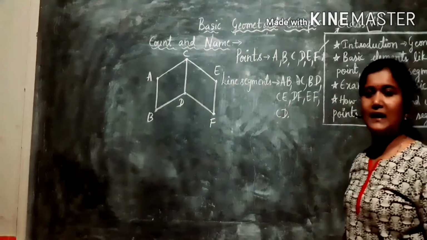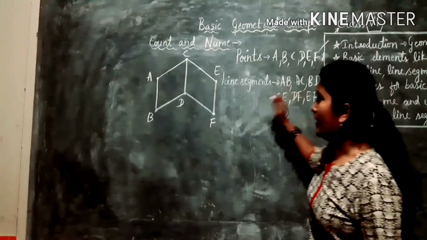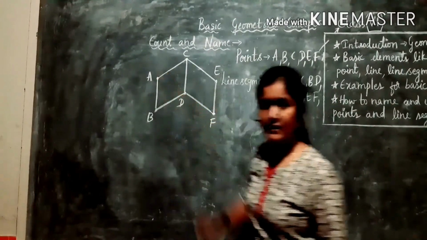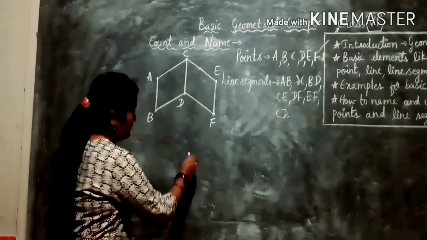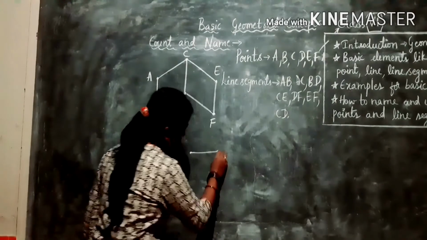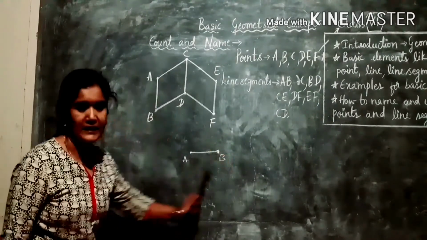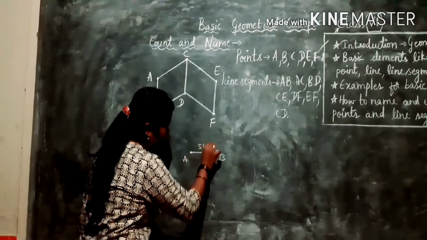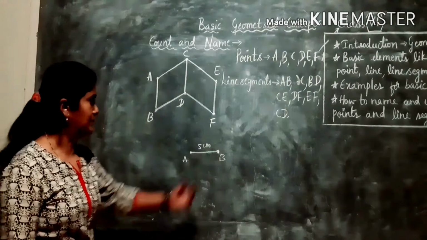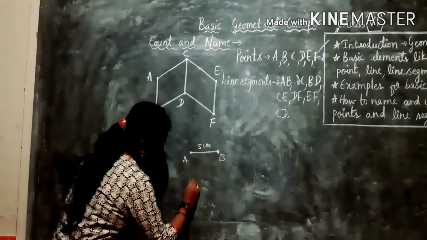Now children, you may ask me that, Miss Teacher, you have written AB here, can we write BA? No, you cannot write BA. Let me take one example here. Here is a line segment AB. Now this line segment has got exact length, let it be 5 centimeter. So now how to name the line segment here?